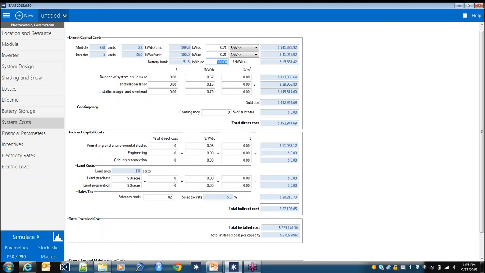That would be about $430 per kilowatt hour, and that might not include things like installation or an inverter, depending on if you already have it. So $300 is pretty low.